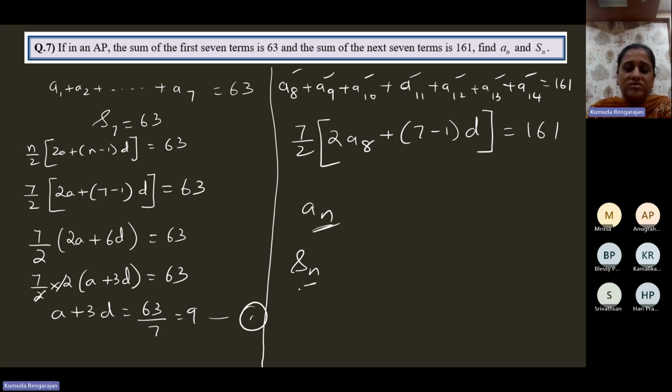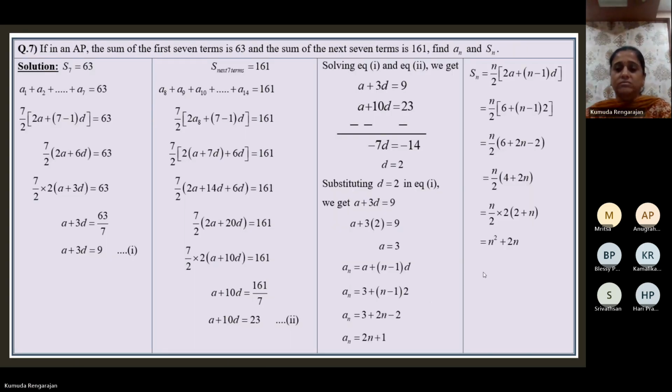You will not be substituting anything for n because you have to find a_n and S_n. So n is n, but in the formula you will be using the values of a and d which we have just got. You will see that a_n will be a linear expression in n, and S_n will be a quadratic expression in n.